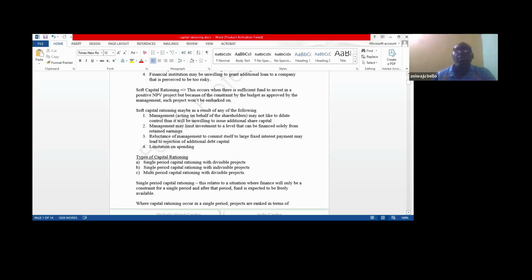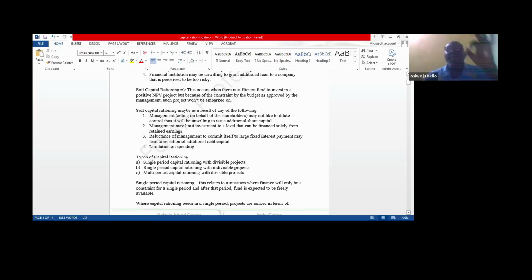Because management is not willing to commit to large interest payments, they may try to reject additional debt finance, even though we have gotten a viable project.